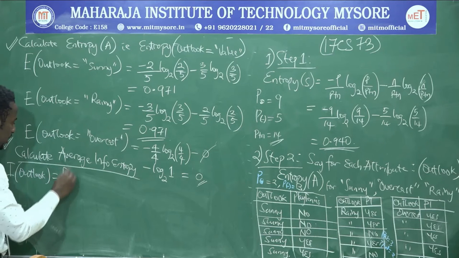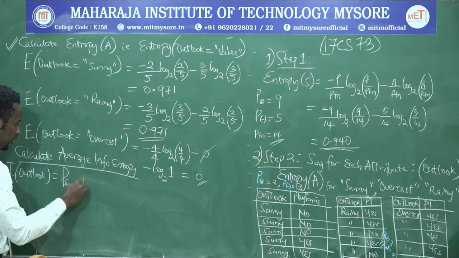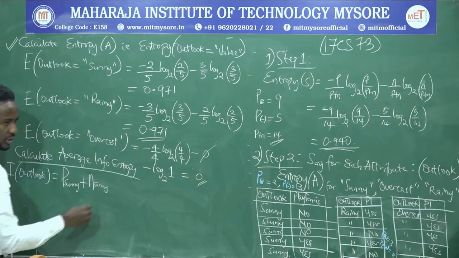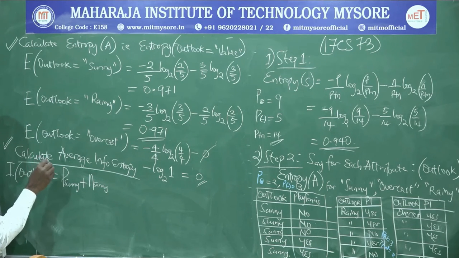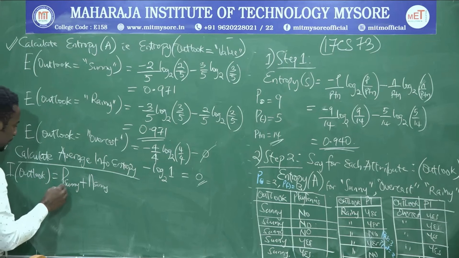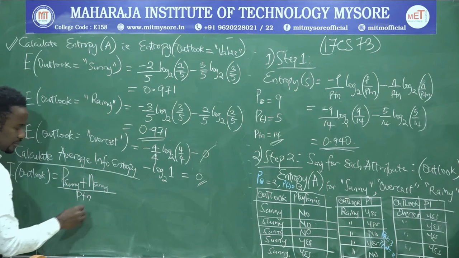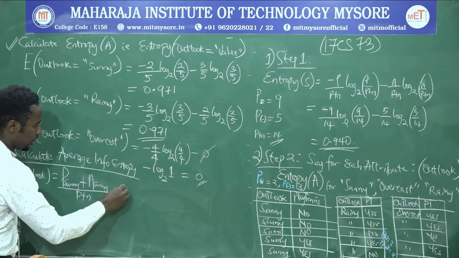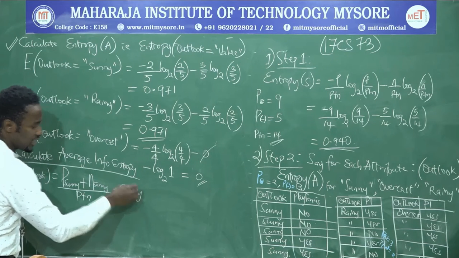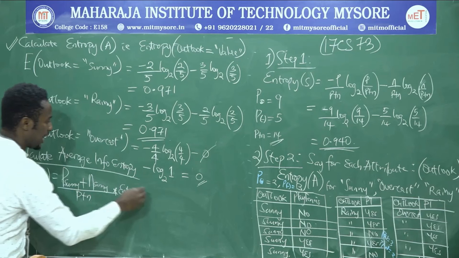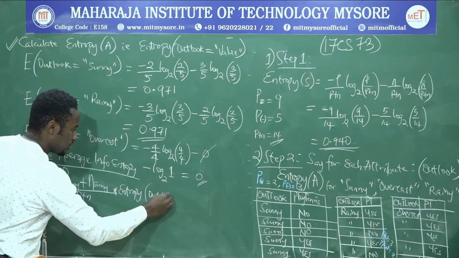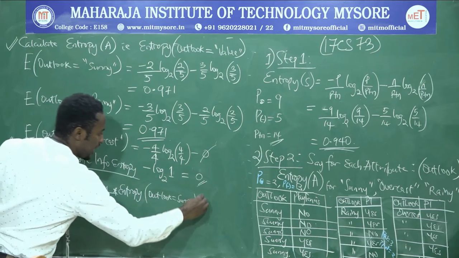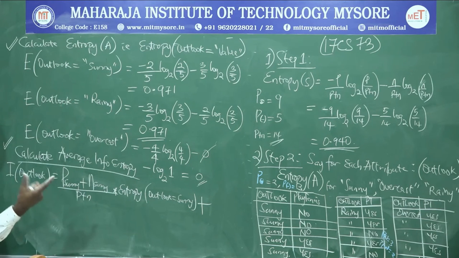So this becomes P of sunny plus N of sunny upon P plus N, into the entropy of, you guessed it right, entropy of sunny, that is, outlook equal sunny. Did you agree? Yes.